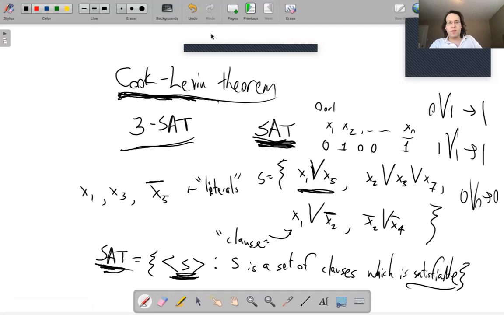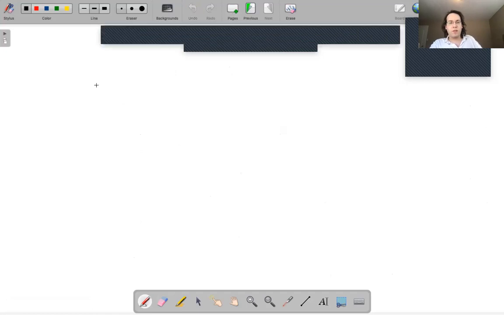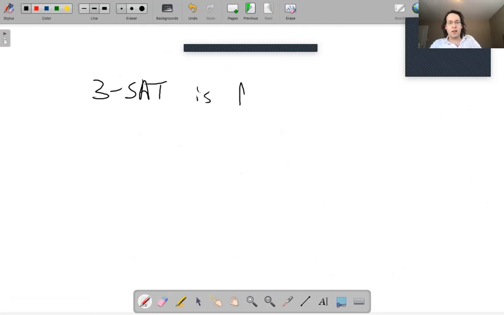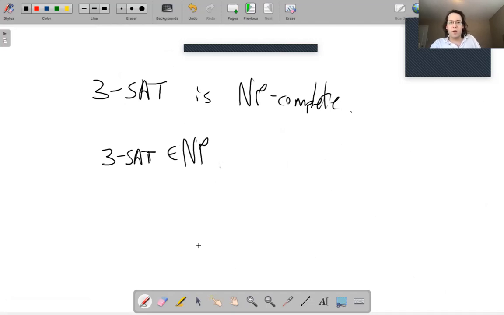Okay, so that's the languages SAT and 3SAT. And the Cook-Levin theorem says that 3SAT is NP-complete. First note that the language 3SAT is clearly in NP. Why? Because a witness can be the satisfying assignment.